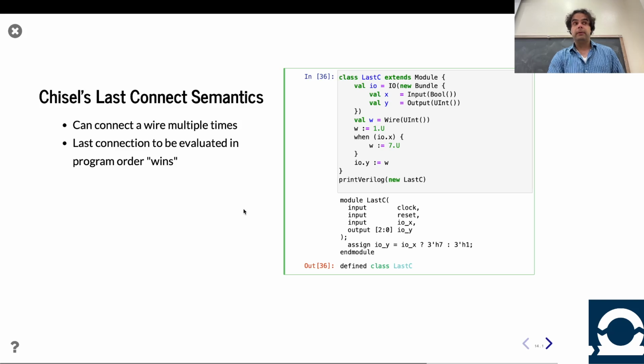Questions? Yes. Question is, is there a situation where you should use wire versus an int or a bool? So a wire is a physical thing, right? I'm saying this is a wire in my hardware design versus an int or a bool is a type.